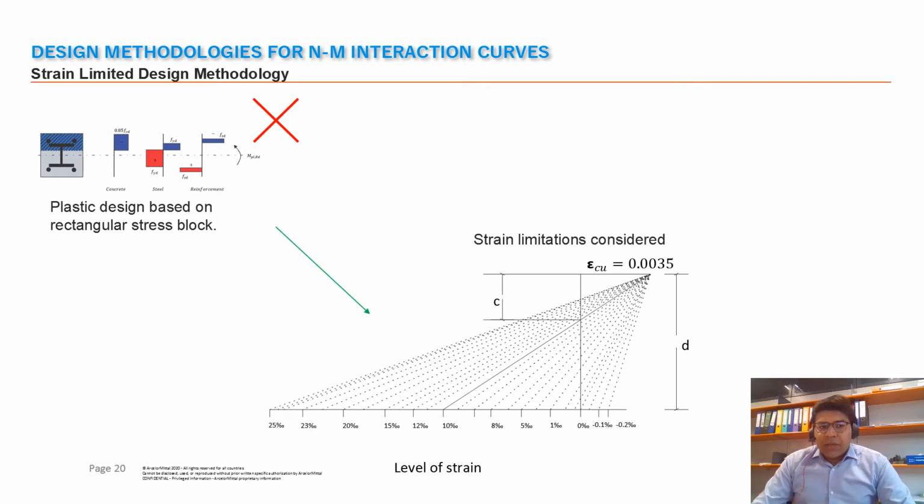If we look at the strain limited design methodologies, we saw earlier the plastic design based on rectangular stress blocks with no strain limitation. Of course, this is not the method which we use as it is, but the more exact way of generating the NM interaction curve would be using the strain limitations of the concrete and steel.